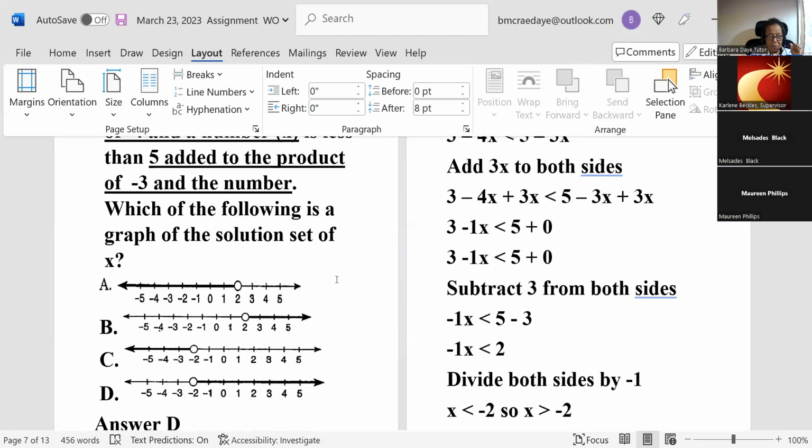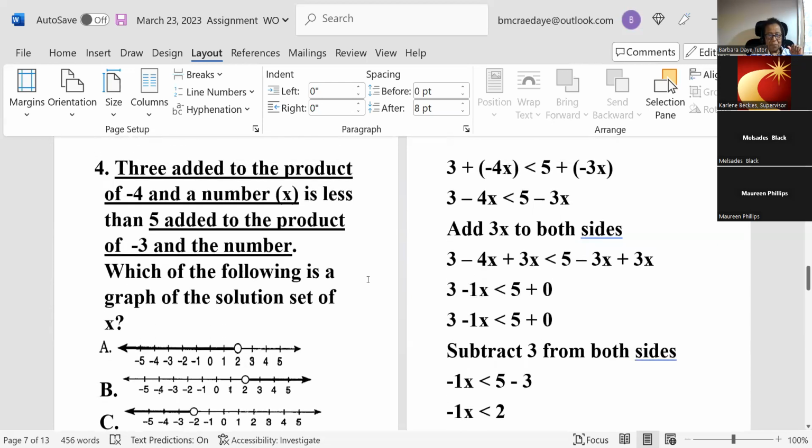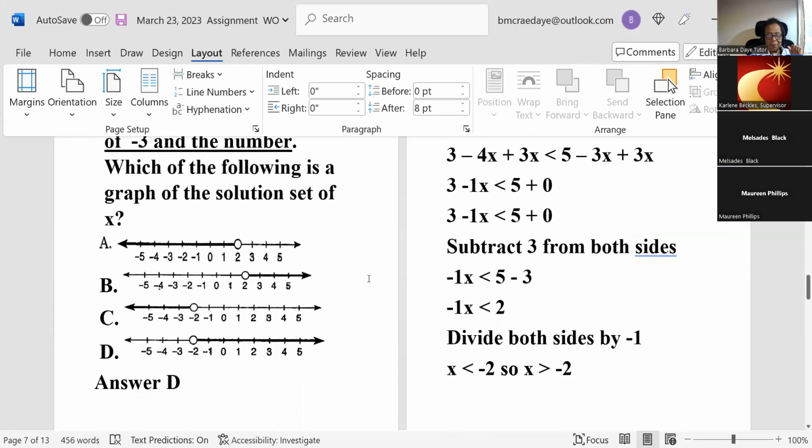So they both hold, right? See, this is a less than symbol. This is a greater than. That would be for the open circle. All right, got it? Thank you, Miss Barbara.